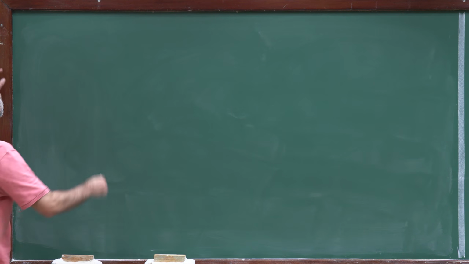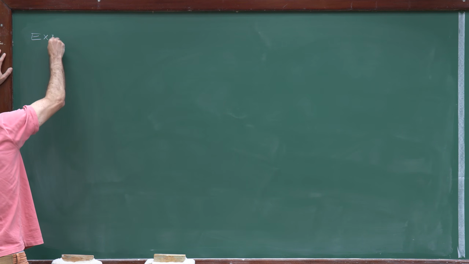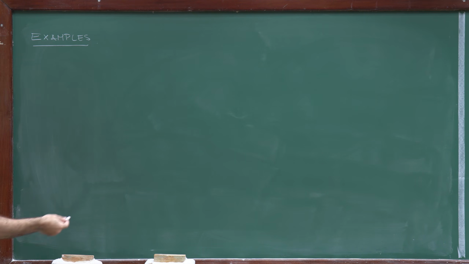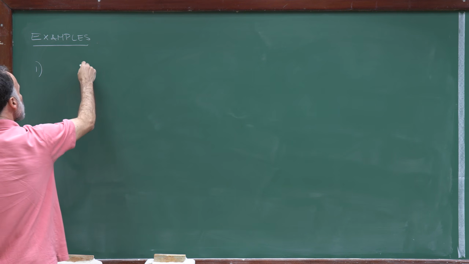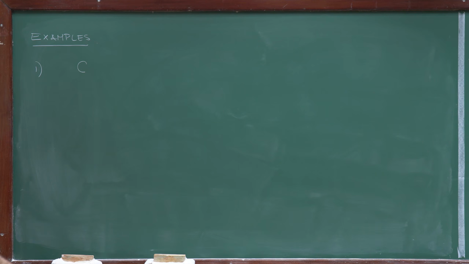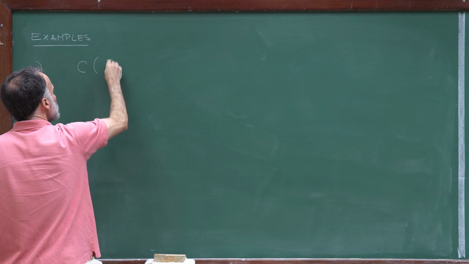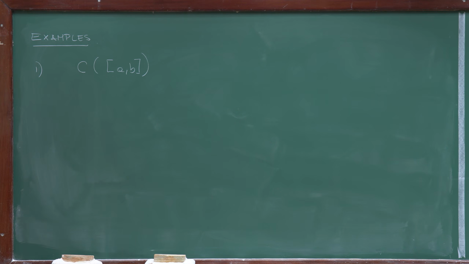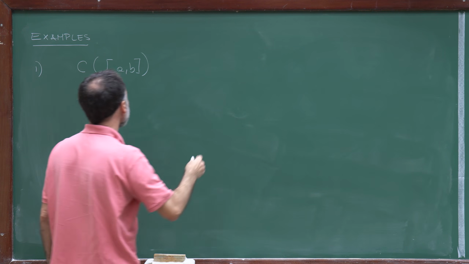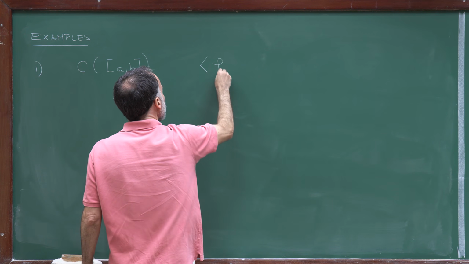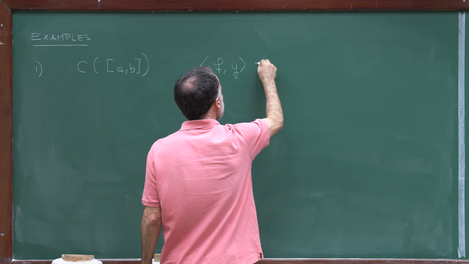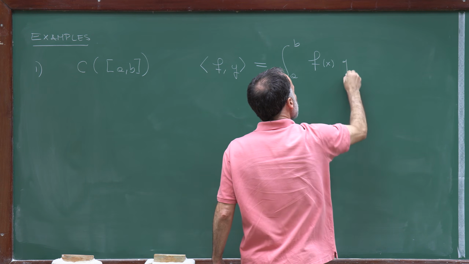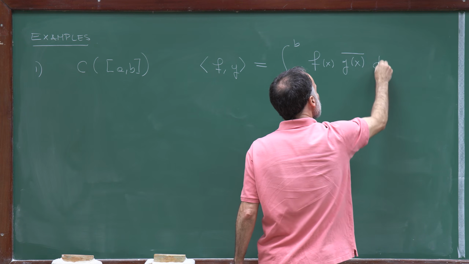So let's complete this lecture with some examples. The first one: let's take the space of continuous functions in some interval [a, b]. These continuous functions take values in the complex plane, and we define the scalar product of two functions f and g as the integral from a to b of f(x) times the complex conjugate of g(x) dx.